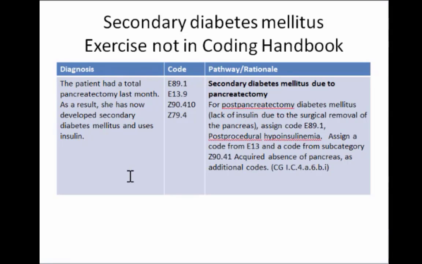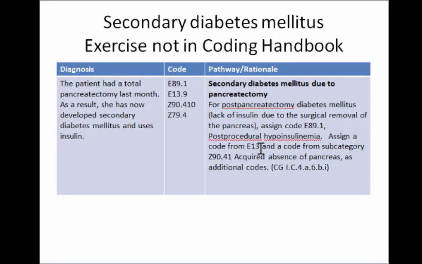This is another exercise not in the Coding Handbook. Patient had a total pancreatectomy last month, and as a result has now developed secondary diabetes mellitus and uses insulin. We have a guideline that speaks directly to secondary diabetes mellitus due to a pancreatectomy, and it gives us our E89.1 code here for post-procedural hypoinsulinemia.